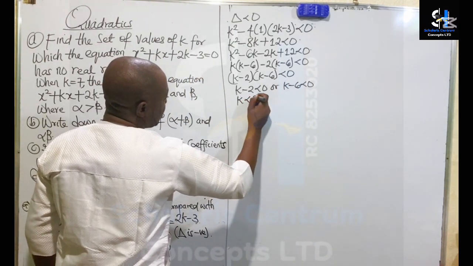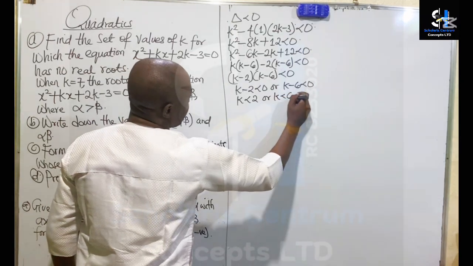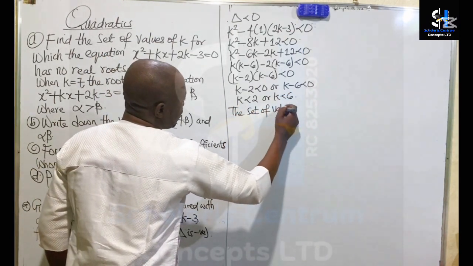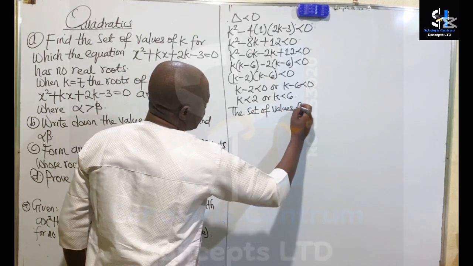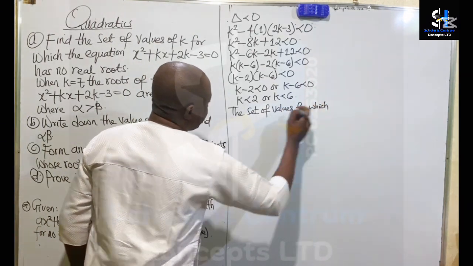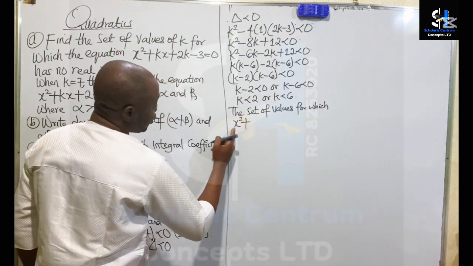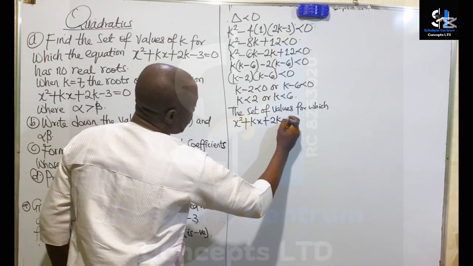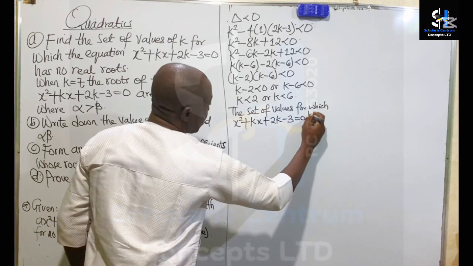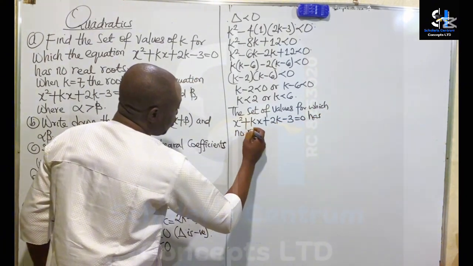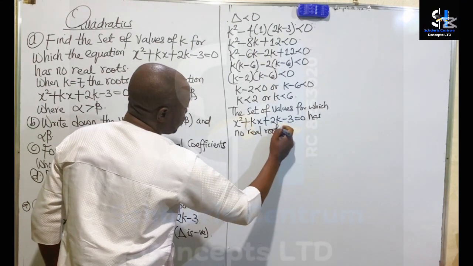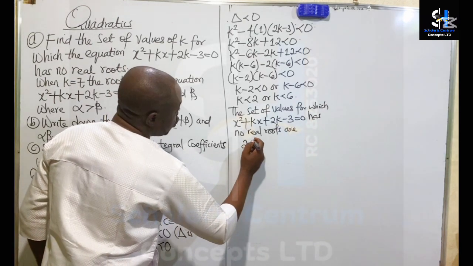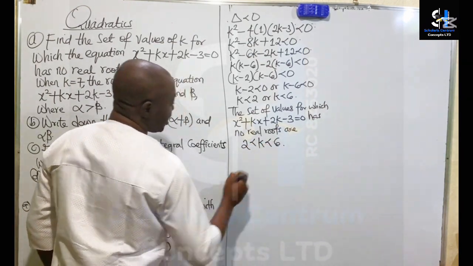So the set of values for which the associated equation x squared plus kx plus 2k minus 3 equals 0 has no real roots is going to be 2 less than k, then less than 6.